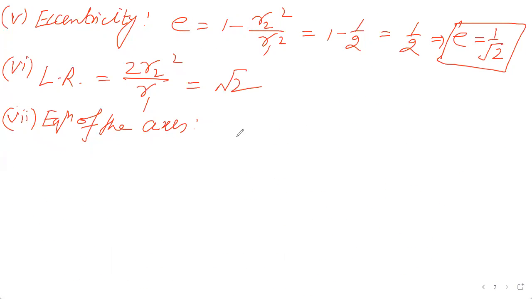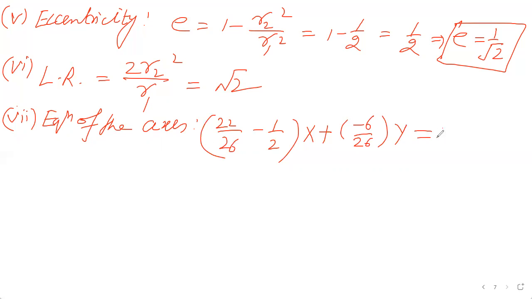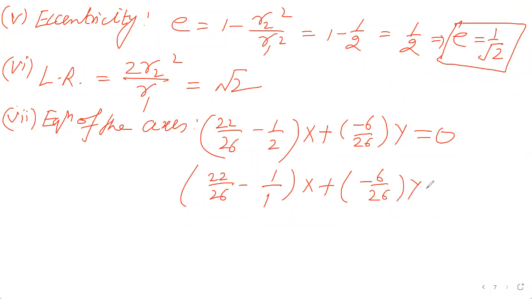So a minus 1/r1 square, you have got (22/26 minus 1/2) x plus h y, so minus 6 upon 26 y is equal to 0. And the second is a minus 1/r2 square. So (22/26 minus 1, since r2 square is 1) x plus minus 6 upon 26 y is equal to 0.